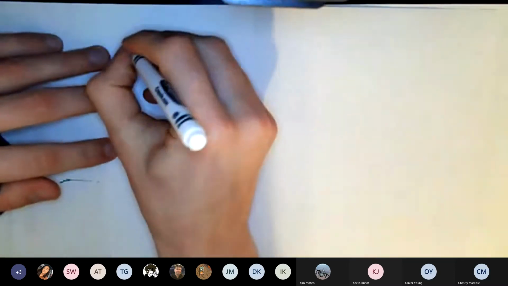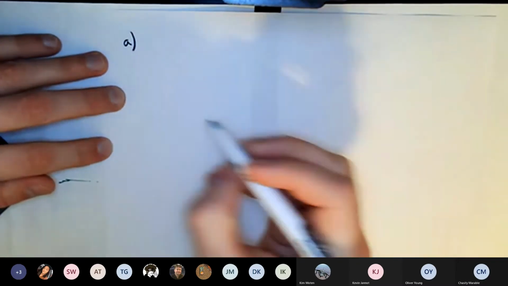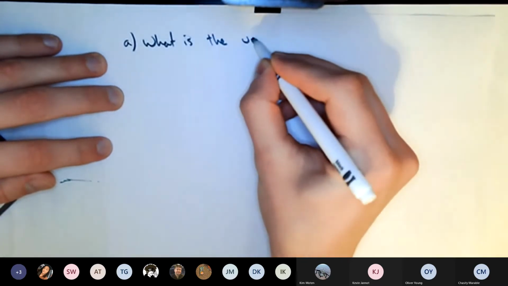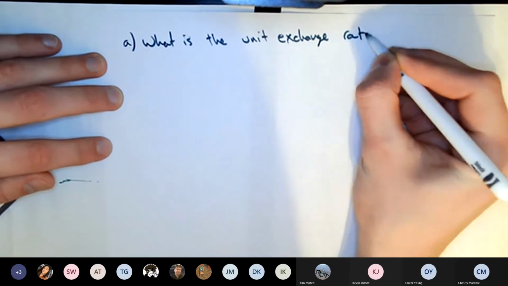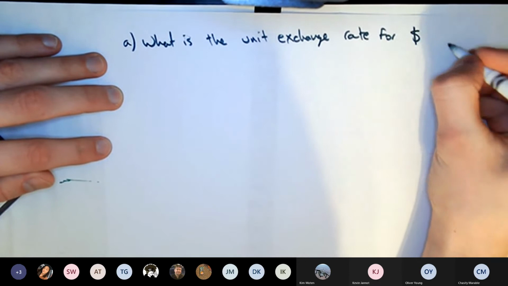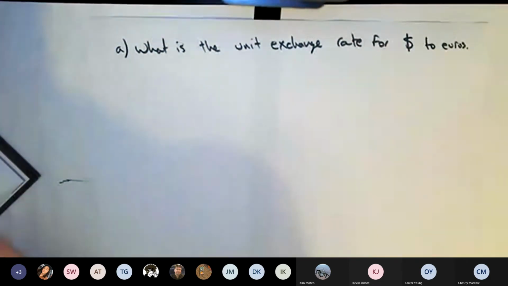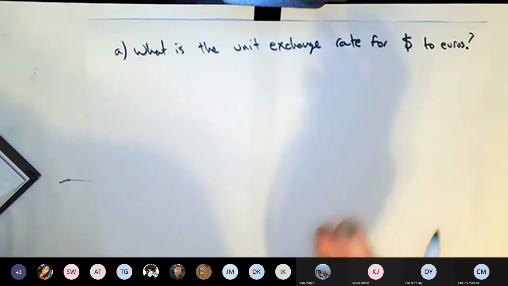All right, so for part A, it says, what is the unit exchange rate? So it's asking for a unit exchange rate for American dollars to euros. I forget what their symbol is, it's like a fancy E looking thing. Anyways, what is the unit exchange rate for American dollars to euros?